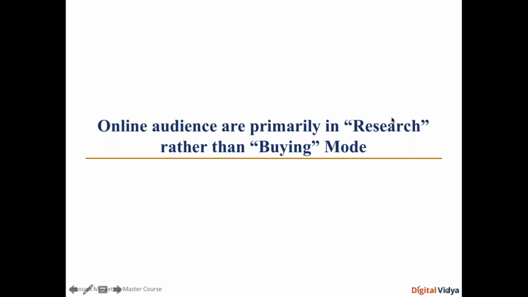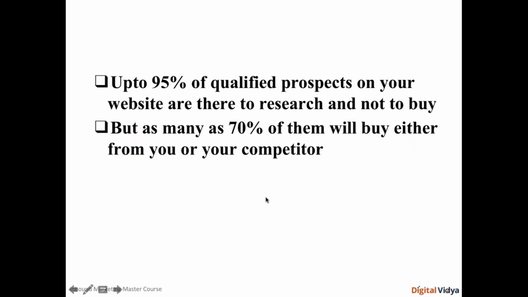Now, based on a study, it was seen that up to 95% of the people visiting your website are there to research, not to buy. That each one of us knows. But the major thing is, as many as 70% of them will either buy from you or from your competitors over a period of time. So basically, these people visiting your website have the potential to convert. They will do the transaction, may not be in this visit, but maybe after 5 visits.